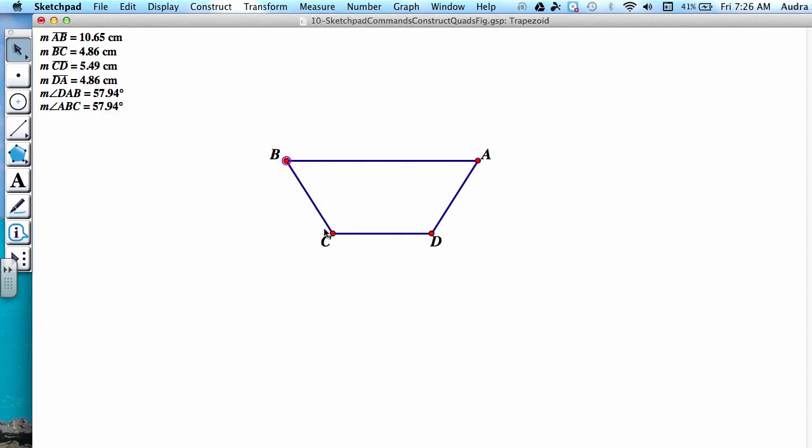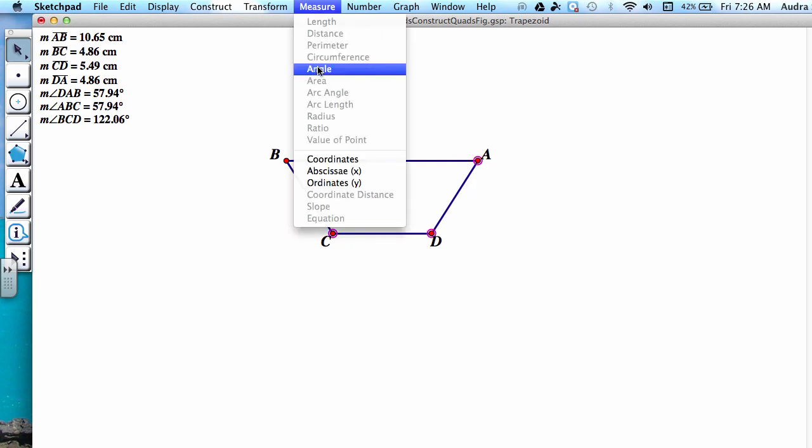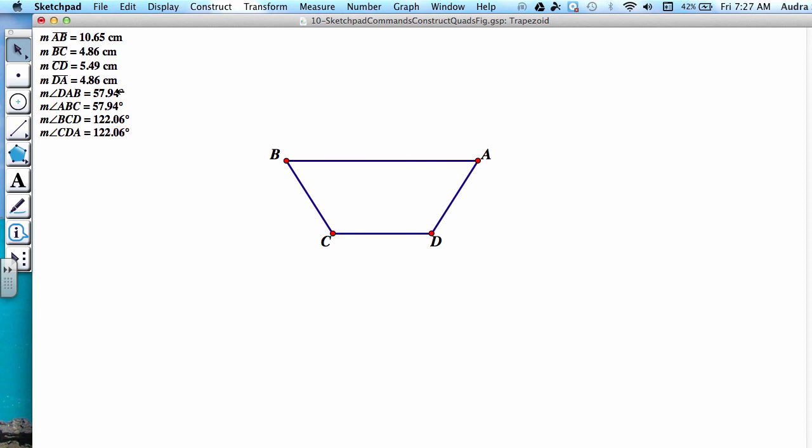I'll go to BCD, measure angle, and the last one is CDA, measure angle. What we notice is that each pair of base angles are indeed congruent, therefore it is isosceles.